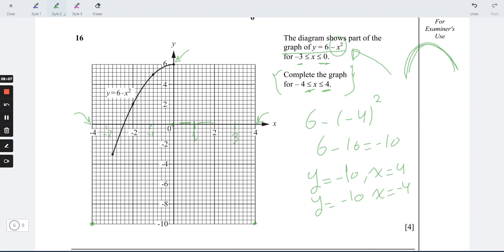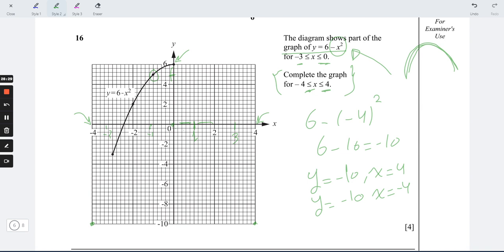Now complete the diagram. As you know, I cannot take 1. If I substitute here, I will get 5, and it will be difficult for me to find, not difficult actually, but here we have 5 steps. That means the midpoint is in here, so we don't have a point here as you can see, so we don't have to use this.